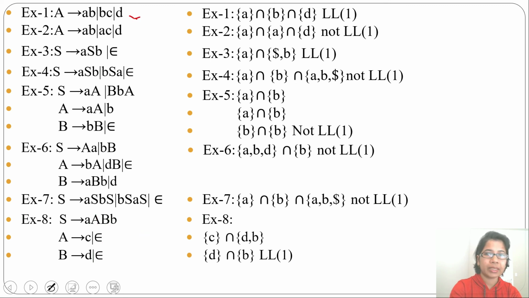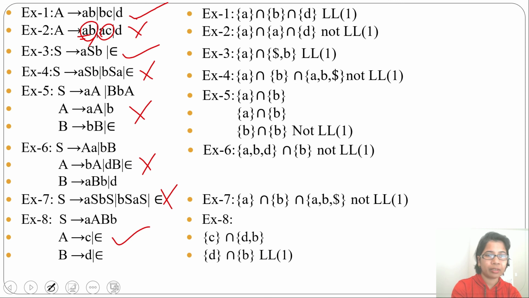We found this is LL1, this is not LL1, this grammar is LL1, and the rest are not LL1. This is not LL1 as first of A is A due to these two productions.